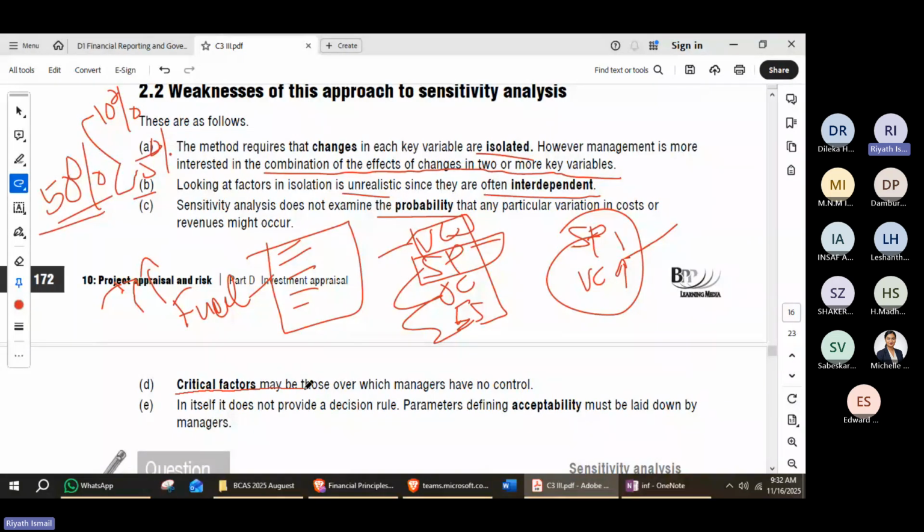Critical factors may be those which a manager has no control over. Sometimes we can identify the critical factor based on the lowest sensitivity, but sometimes the management has no control over that variable. For example, selling price. Selling price mostly is not controlled by the management.